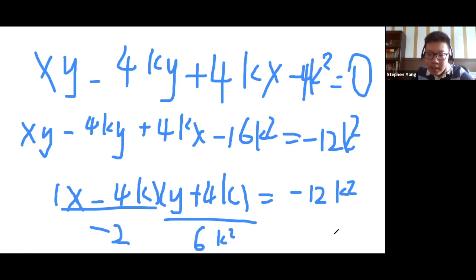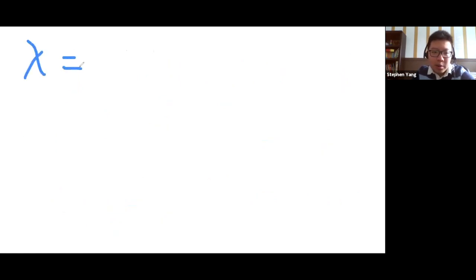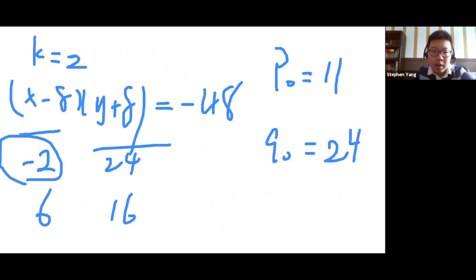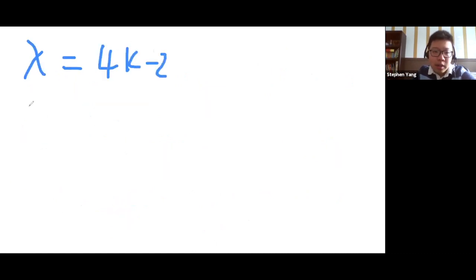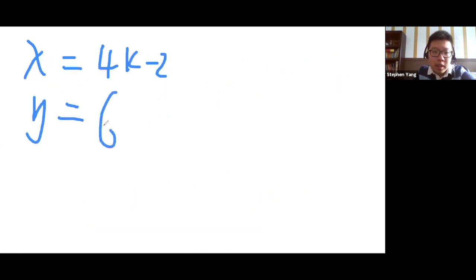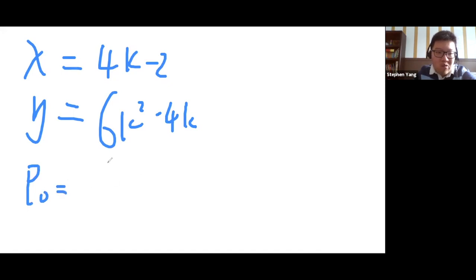So this means that X is equal to 4K minus 2, and Y is equal to 6K squared minus 4K, which means P0 is equal to adding them together and divided by 2, which is 3K squared minus 1.